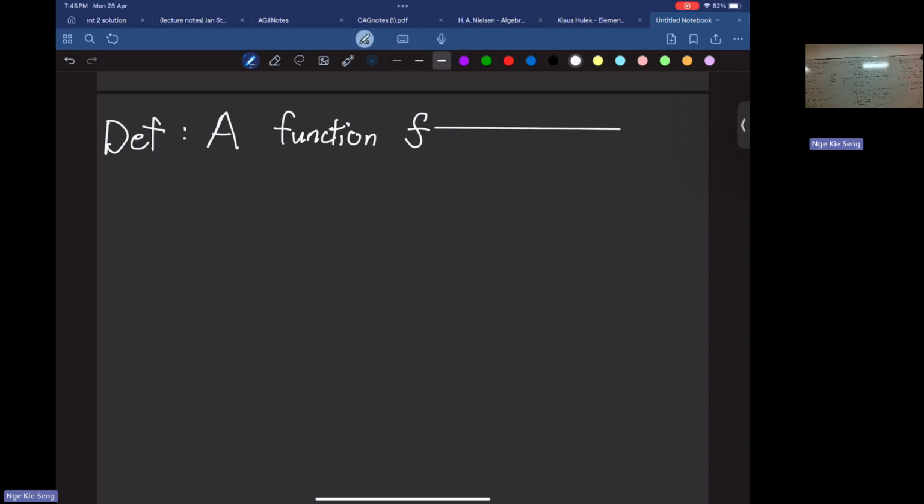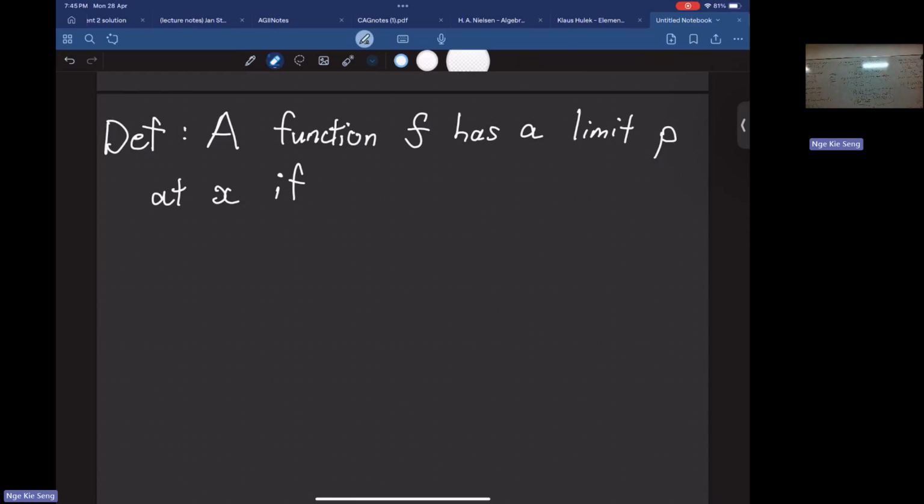The function f has a limit, let's say p, at x, if the absolute value of f(x) minus p like this, and then greater than epsilon. No, not greater than epsilon.